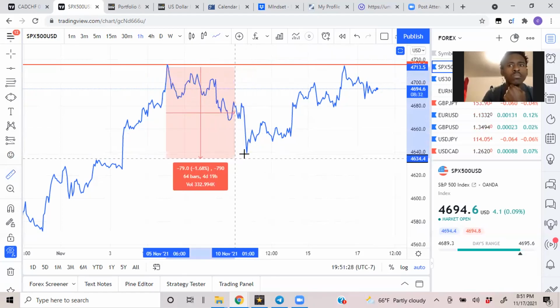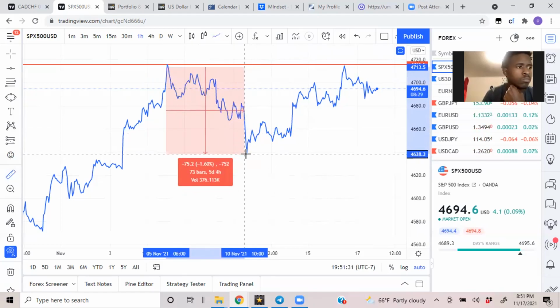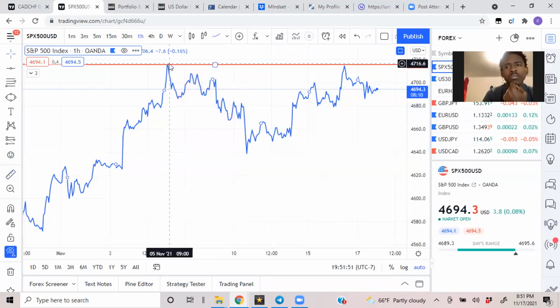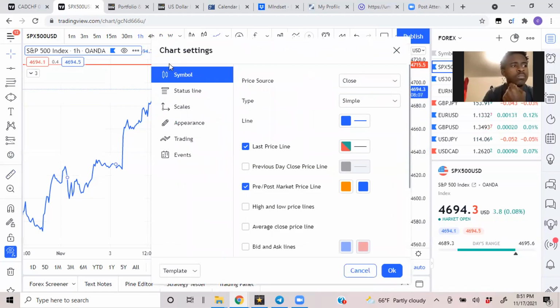From the top of that peak down to the bottom right here is about 74 pips. No, it's 745 pips. Somebody probably could have made millions off of that one trade. Let's say at the least you're making $745.